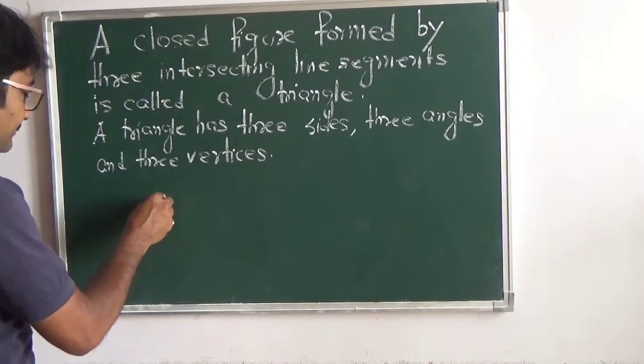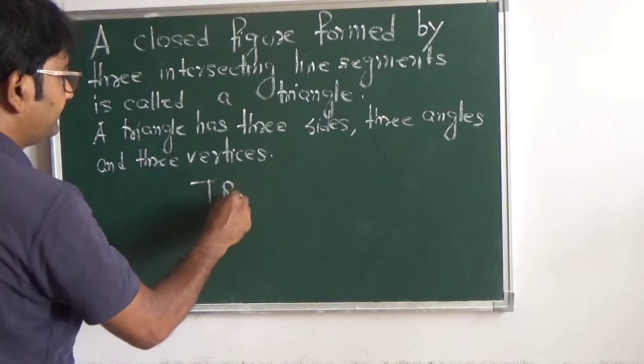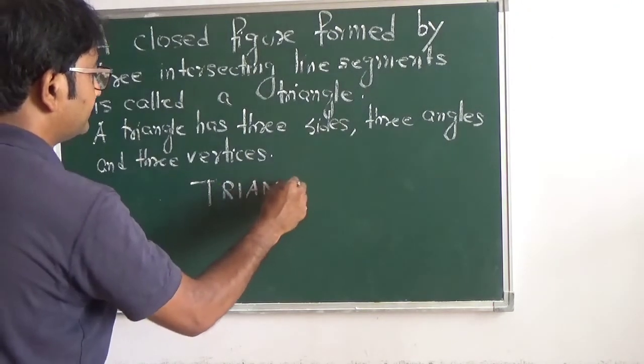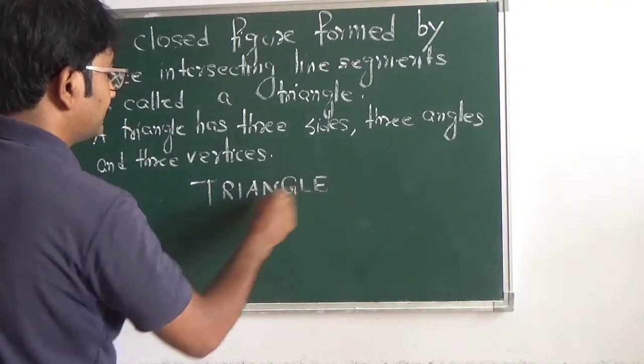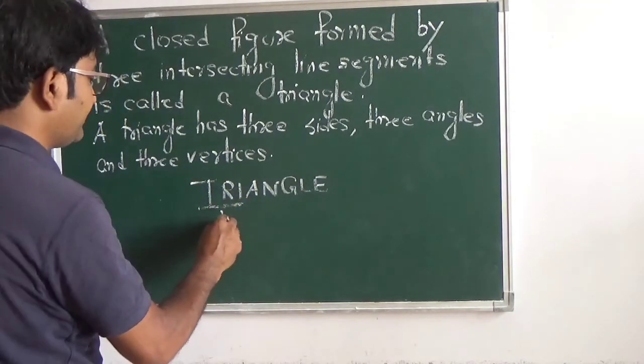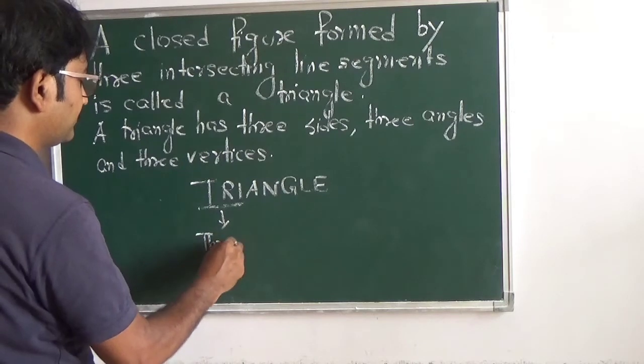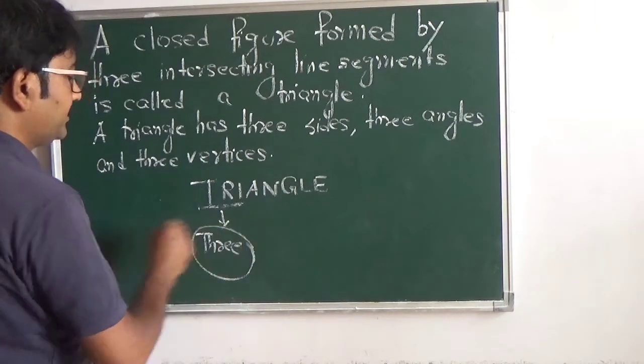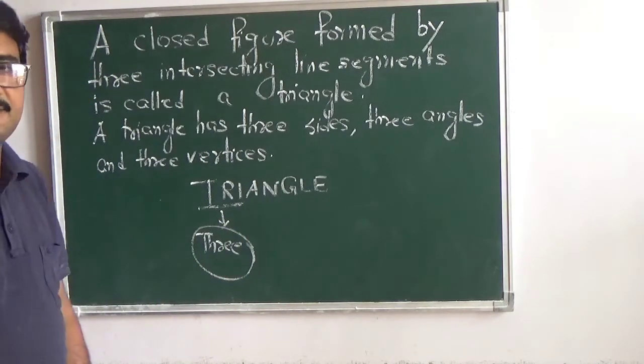Now if you see the word triangle, these three letters TRI, tri, which means three. So this name is given as triangles, three angles.